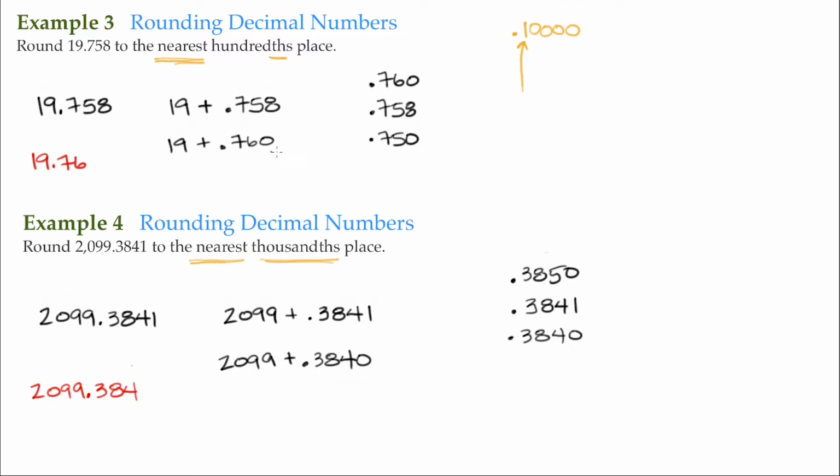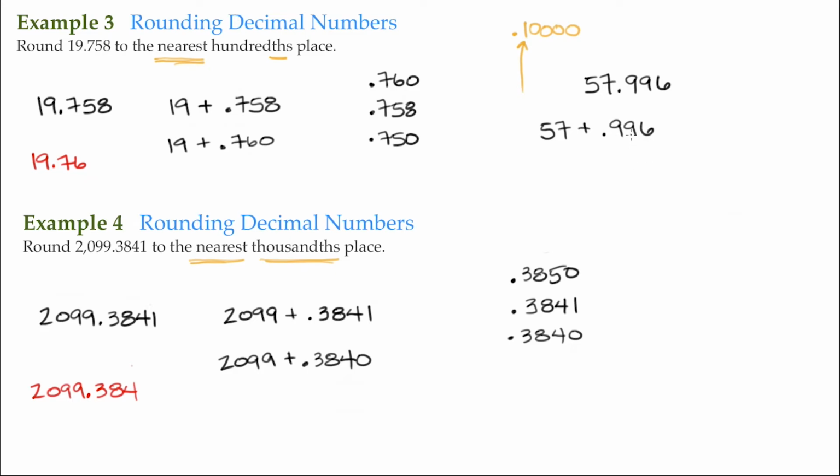Let's go back to this previous example here. Suppose this was 57.996, and we wanted to round it to the nearest hundredth. So that would be this one here, the 9 right here. So this winds up being 57 plus 0.996.